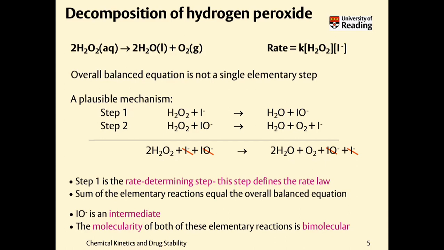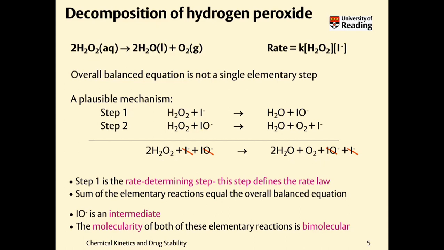So step 1, you can see, is based on the rate law. So it's one molecule of hydrogen peroxide and one molecule of the iodide ions. And that forms one molecule of water plus an IO minus ion.